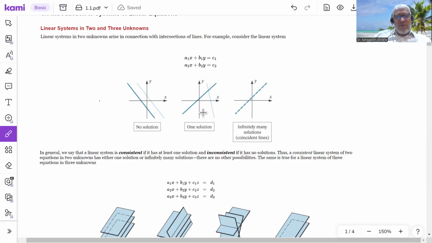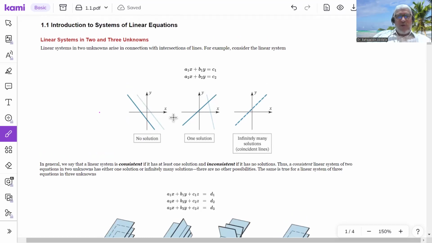So we always have three possible cases for the solutions of this type of linear systems. Either no solution, or one solution, or infinitely many solutions in case of one equation or one line.